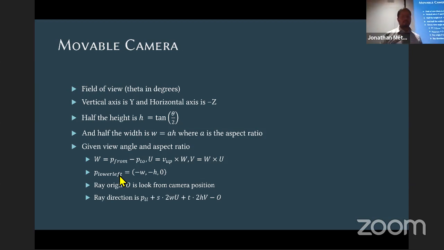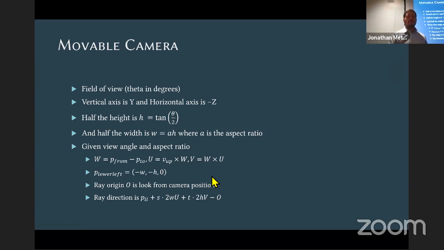So we initialize the lower left as -w and -h. We don't need anything for z. And then the ray origin is just going to be the look-from camera position. So that's where the camera is located.